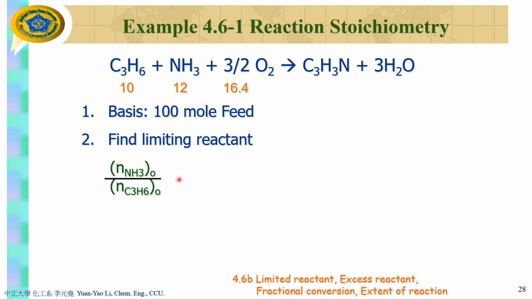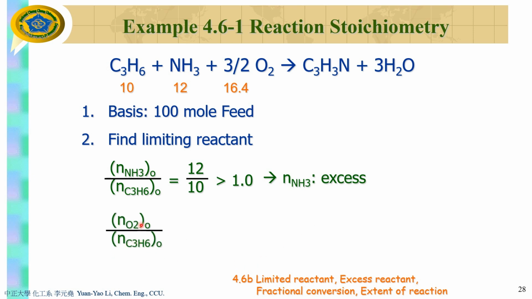So as you can see, if this is C3H6 and NH3, if we have stoichiometric coefficients 1 to 1, the ratio will be 1, right? But actually this is more than 1, so you understand this one is the limiting reactant. Okay? So NH3 is excess. This is the limiting reactant, this is excess.